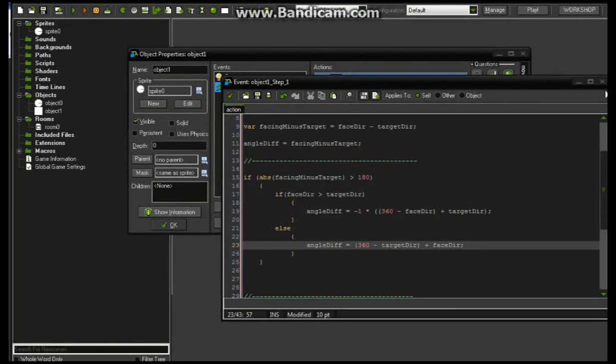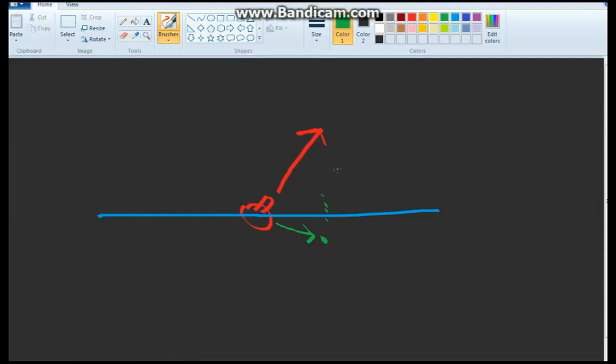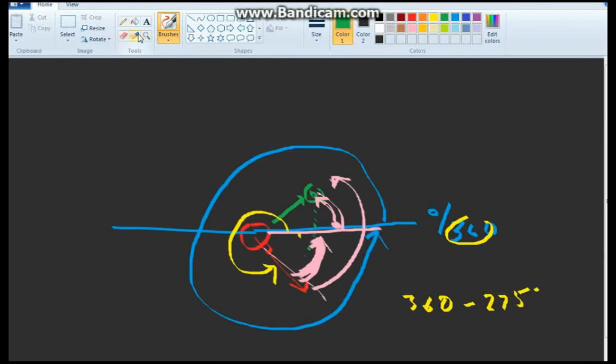So, okay, one thing I forgot to mention. Here, -1 times 360 minus facing plus target direction. Let's go back to our diagram. We're saying 360 minus this, and it's going to give you a positive number.